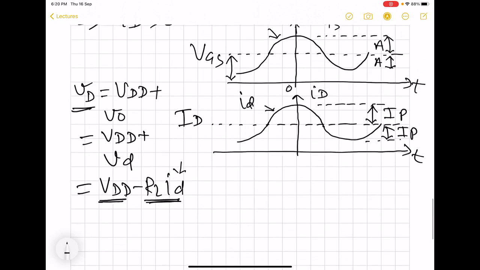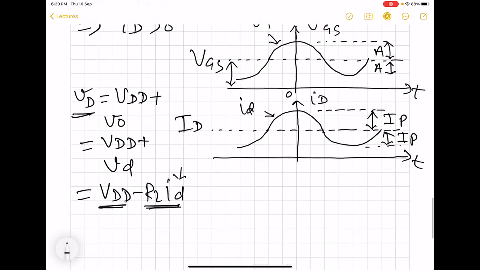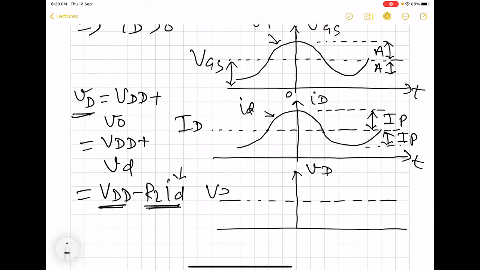So now if we plot the drain voltage, this is a total drain voltage. So here also we will have a DC equal to VDD, and then this AC part, and this is having phase opposite to that of the drain current.